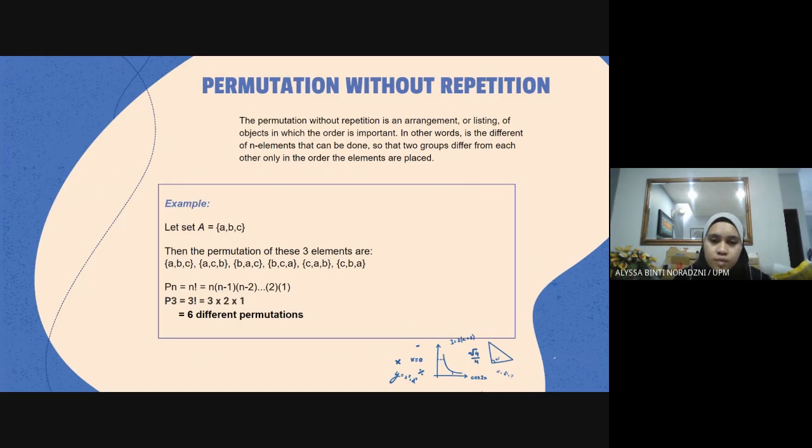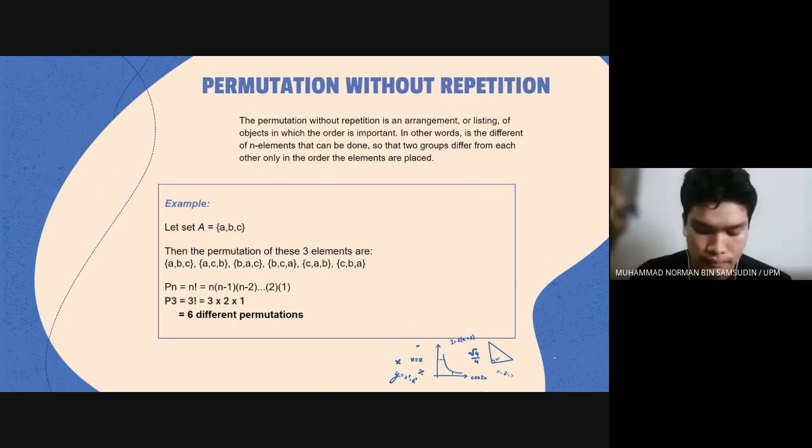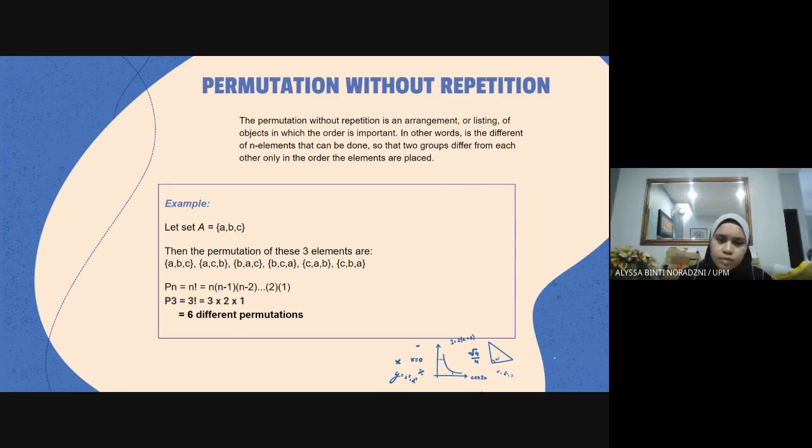The number of permutations of n elements is given by the following formula. Pn equals n factorial, which is n times n minus 1 times n minus 2 down to 2 times 1. This means that in permutation without repetition, our choices get reduced each time.